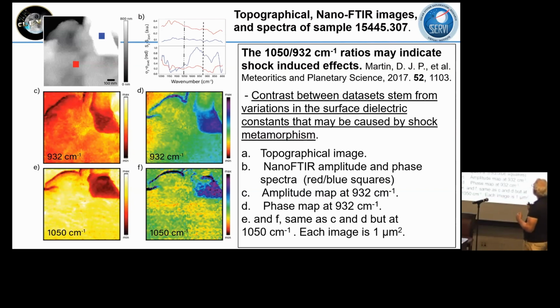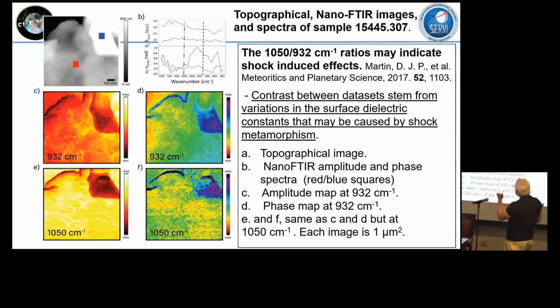And I'm like, okay, so let's look at that. So here's a force image, and then in the red zone and in the blue zone, we do a nano-FTIR spectra. And you can see that the spectra you get is completely different. So this is the phase, this is the amplitude, and the red is different than the blue. All right, so these are giving us different information spatially.